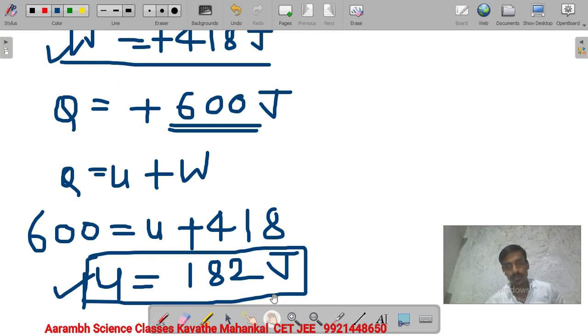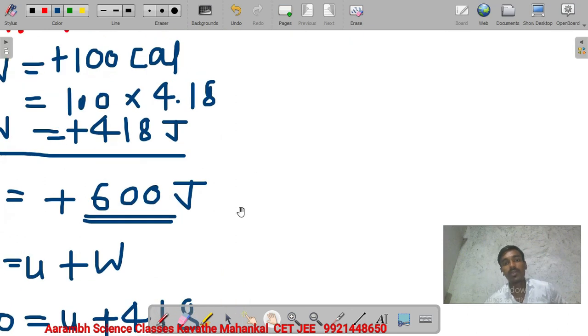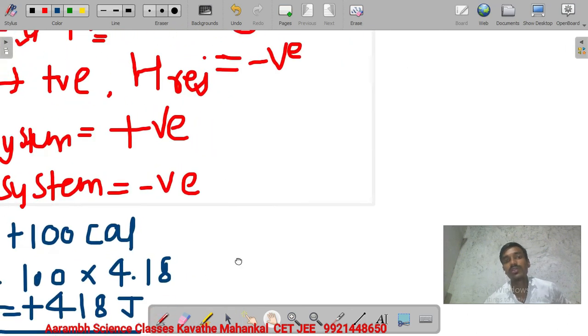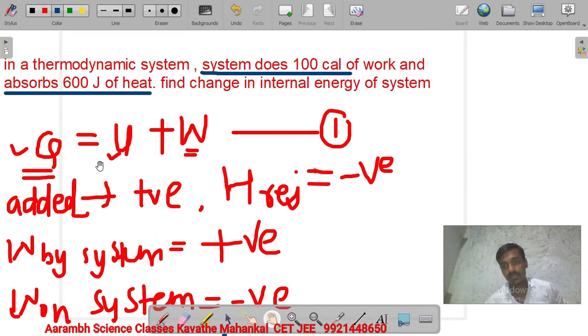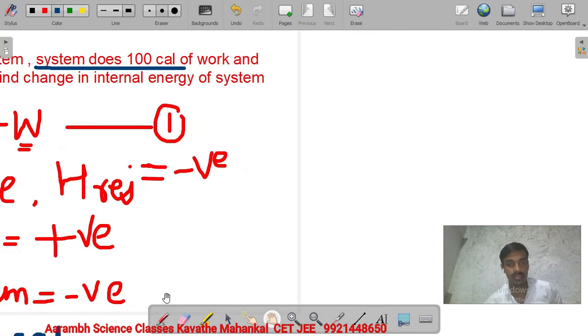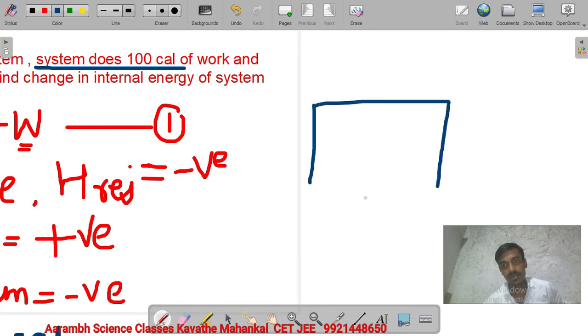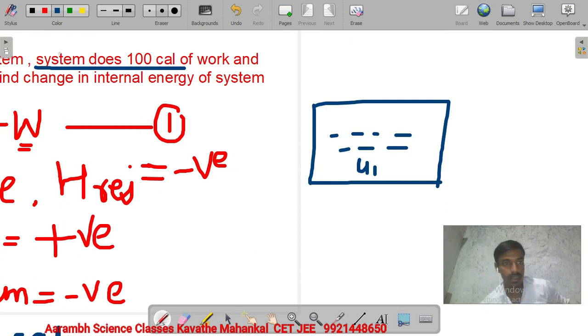Okay, this is with the help of the formula, but you can solve this question with the help of concept also. Let's draw the system. Suppose this is the system. Suppose the system has some energy, it has some internal energy as U1. It is given that the system does 100 calorie of work.